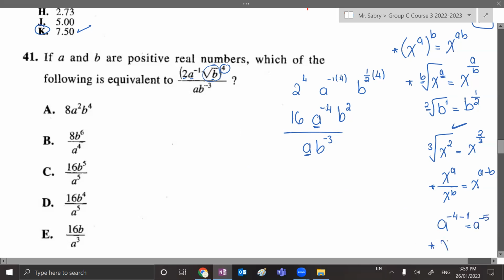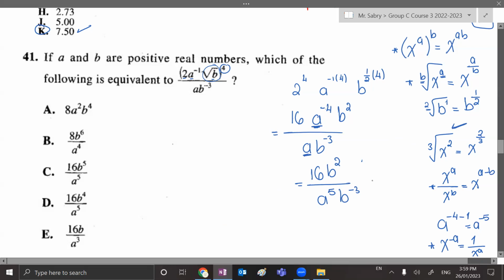Now, according to this rule, if I have a negative power, I can take it down to become positive. So instead of writing a to the power of negative 5 up, I'll write a to the power of positive 5 down. So this became 16 times b to the power of 2 over a to the power of positive 5 and the b to the power of negative 3, as it is. So I've just simplified the a part only so far in this step. Any questions until this step? Of course, you should do this in one step, all things together. I'm just trying to explain it for you.